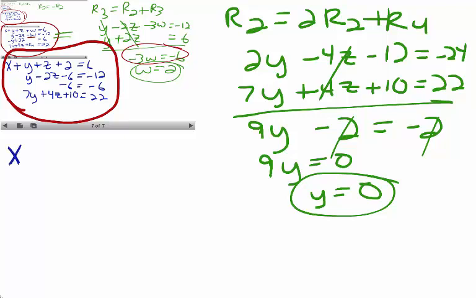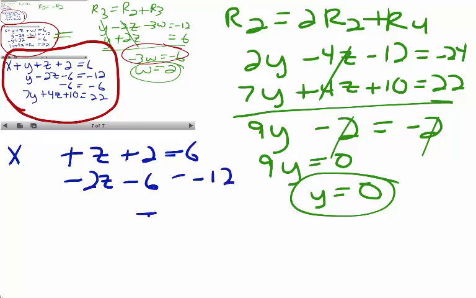So looking at row 1, x plus y, where y is 0, we have x plus z plus 2 equals 6. And then for row 2, we have y minus 2z. Since y is 0, we don't need to write it. So that's minus 2z minus 6 equals negative 12. Then row 3, we have minus 6 equals minus 6. And for row 4, 7 times 0 for y cancels.